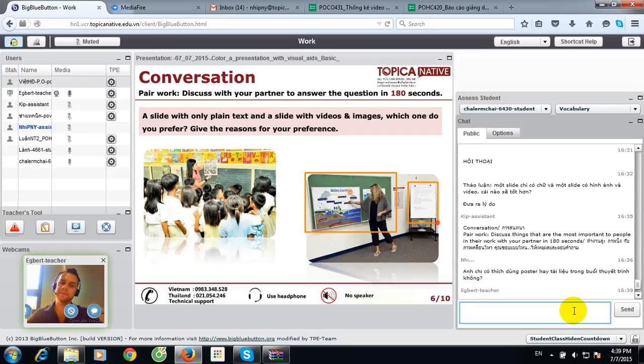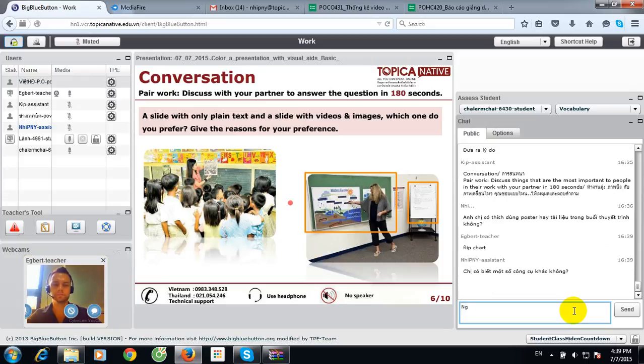Can we name any other visual aids? Students, are there other ones? Do you know any other visual aid? Example, board. Board? And pen.